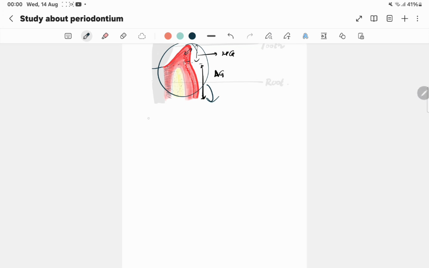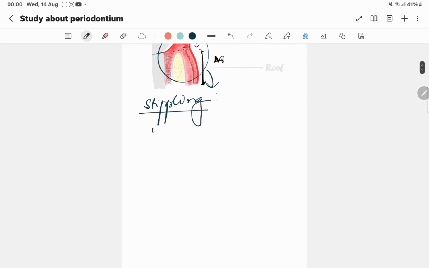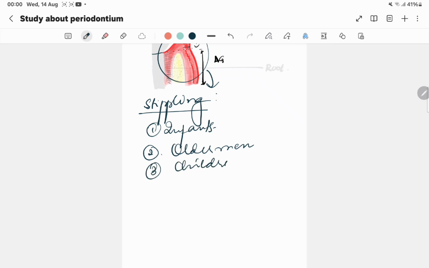Another question on stippling. So stippling is absent in 1. infants, 2. older men, 3. children, and 4. both 1 and 2.